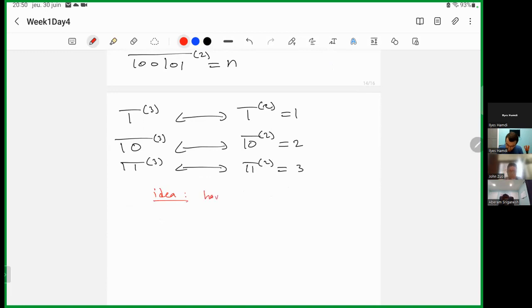So the idea here is that having only zeros and ones is a bit tricky, I agree. This means that I'm covering all numbers in base 2.